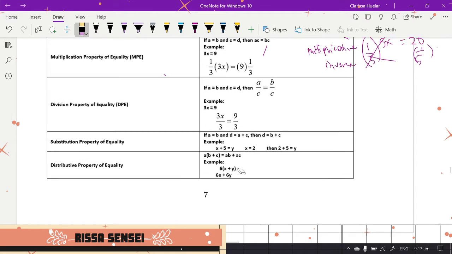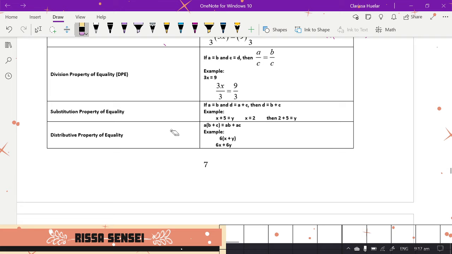Okay? Next is the substitution property of equality. If A is equal to B and D is equal to A plus C, then D is equal to B plus C. Bakit naging ganon? Kasi di ba ang A ay equal sa B?